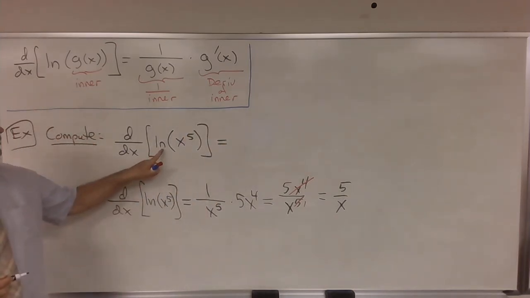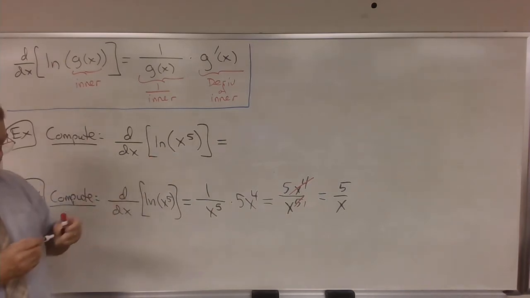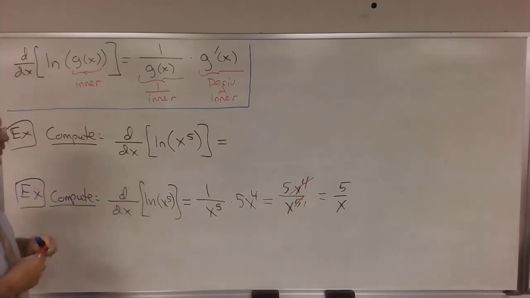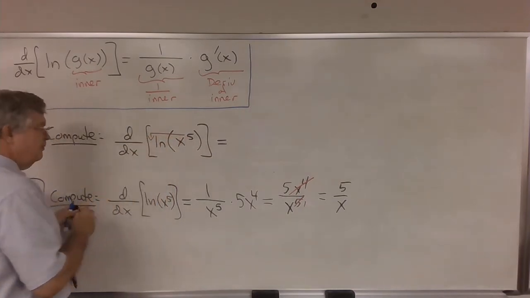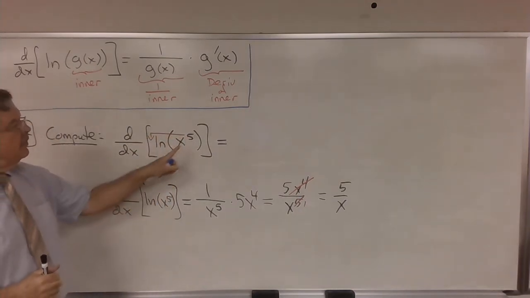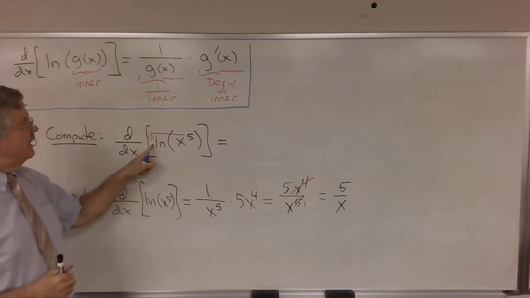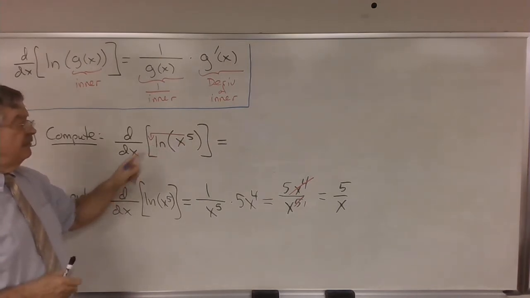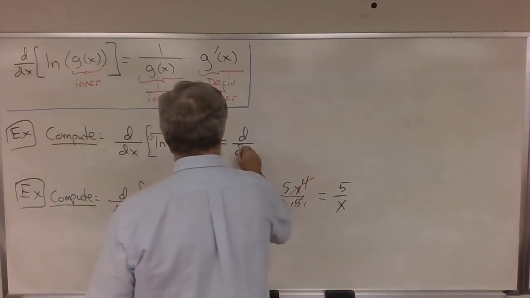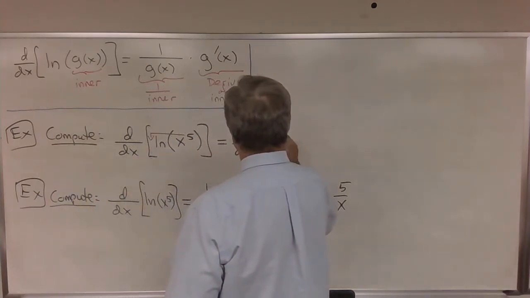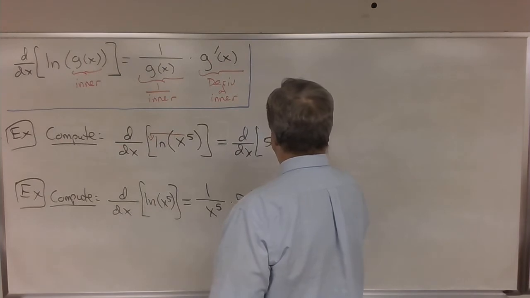We have the natural logarithm of x to a power. So before we even compute the derivative, we can use the algebraic property, which says we can bring the exponent down front as a multiplier. So this gives us derivative of 5 times natural log of x.